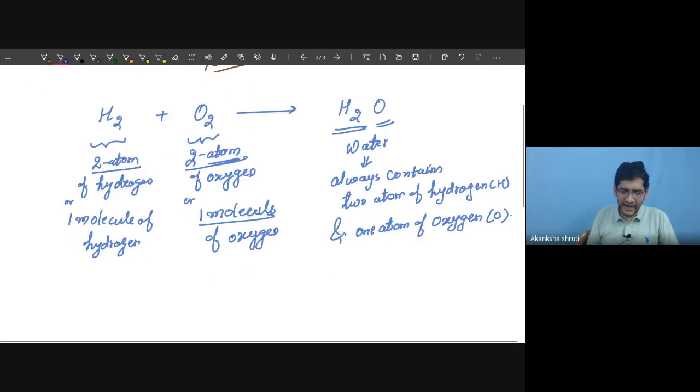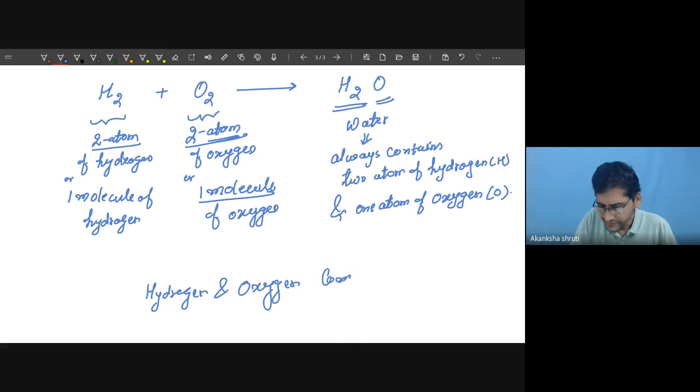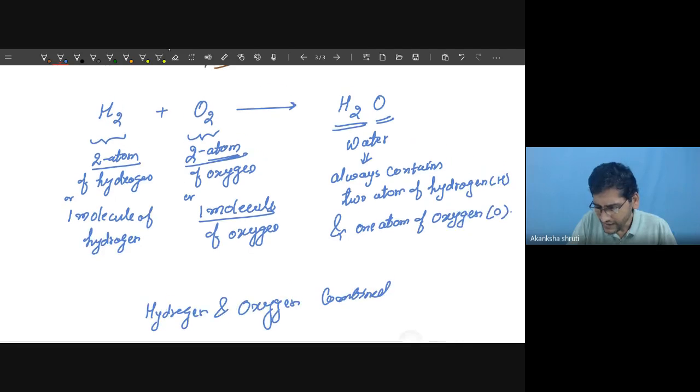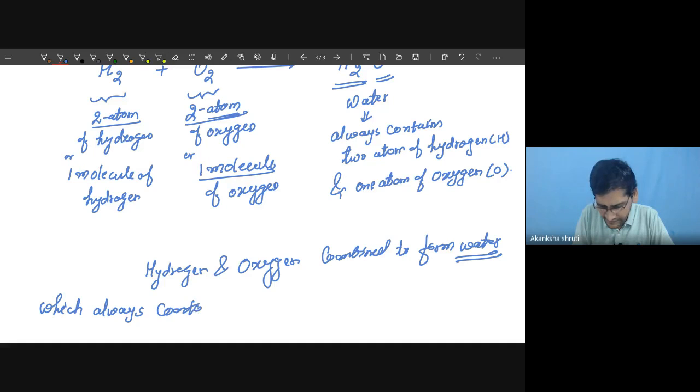So what this law tells is that here hydrogen and oxygen have combined to form water, but this water which is formed will always contain two atoms of hydrogen and one atom of oxygen.